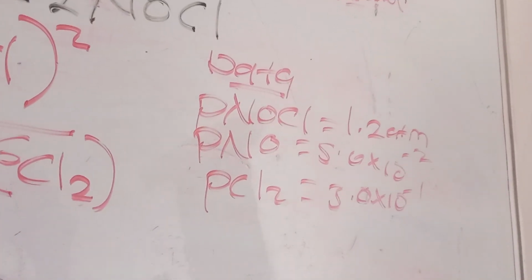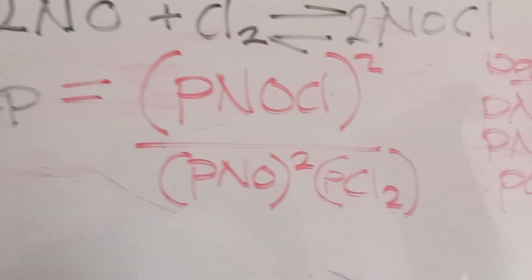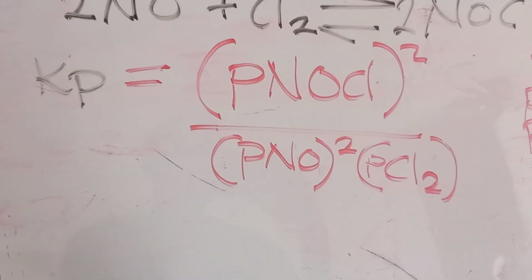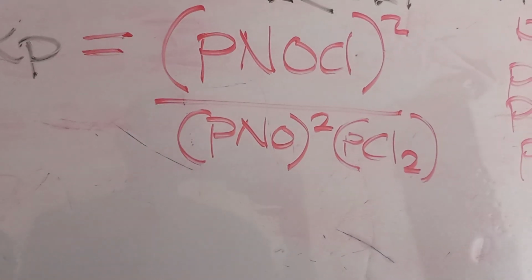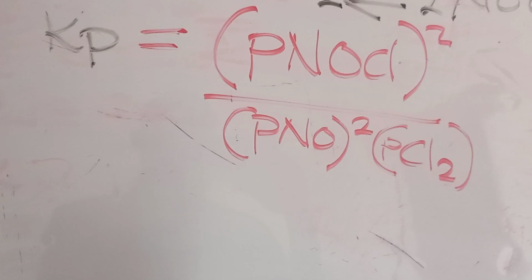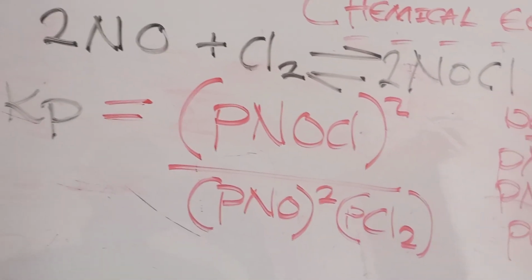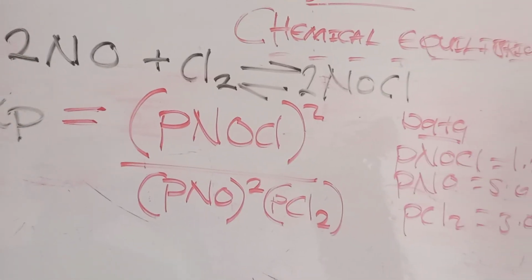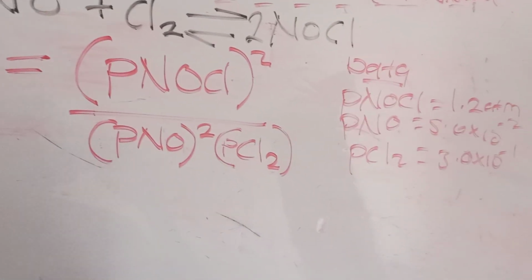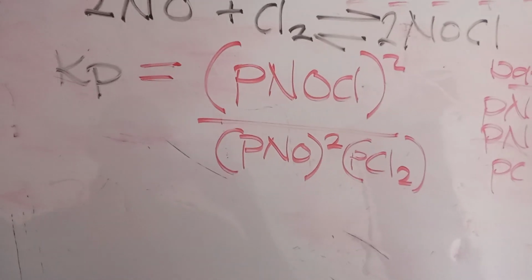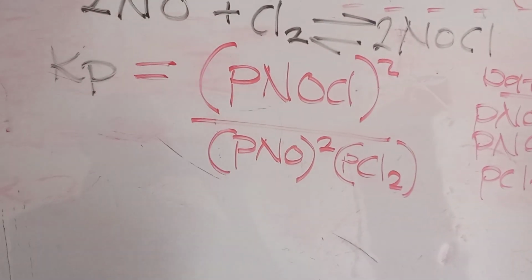Hence, try to replace them and find the value of Kp. It is the homework that I've given you, to engage you in terms of understanding and improve your calculation skills, so try to solve them. Hence, let's try to solve one more problem under chemical equilibrium.